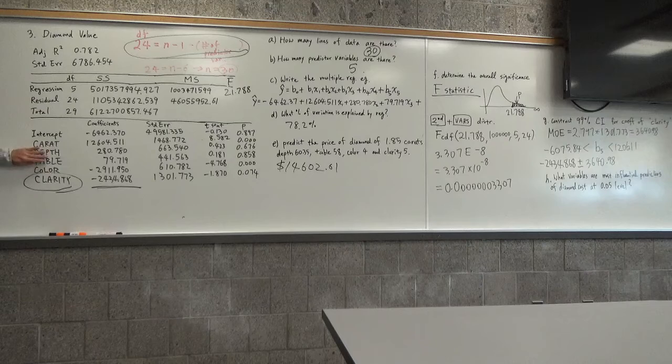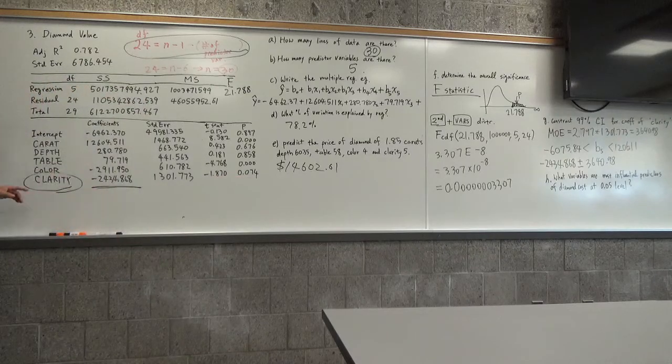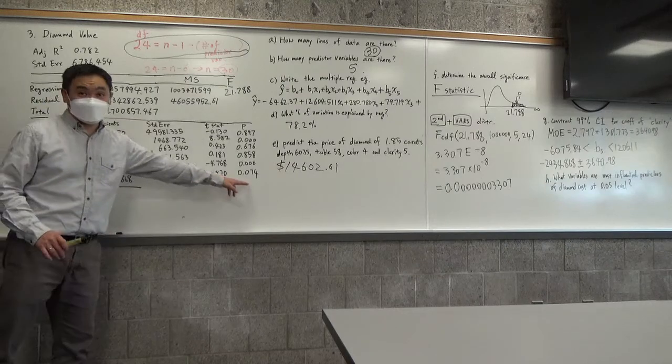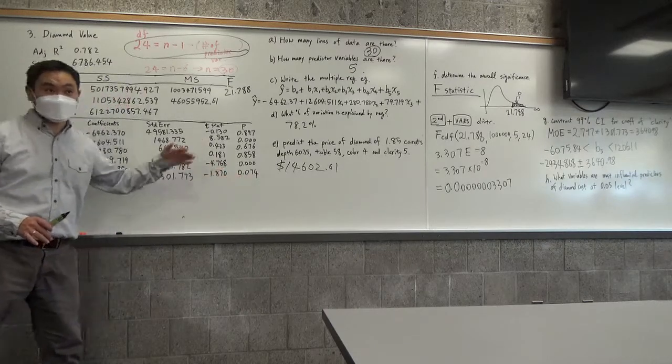I'm going to get rid of that, okay? And for clarity, it's like still something, right? So I'll have to think a little bit. But if I make up my mind that I want 0.05 significance level, I'm going to get rid of that as well. But you know, sometimes if you just go with the 3, the significance could change as well. So I would just try to run it with the carat and the color and clarity, just these 3, and run it. And if it still comes out as above 0.05, I'm going to get rid of it.